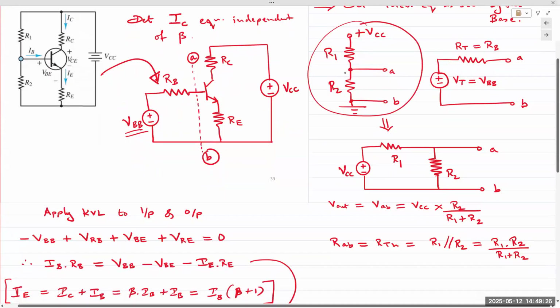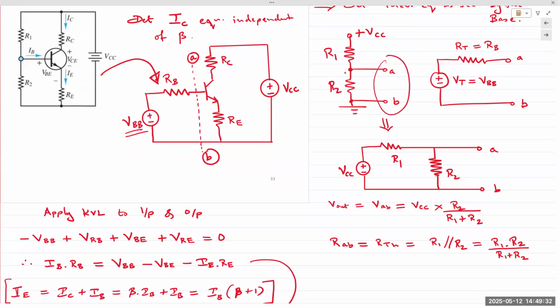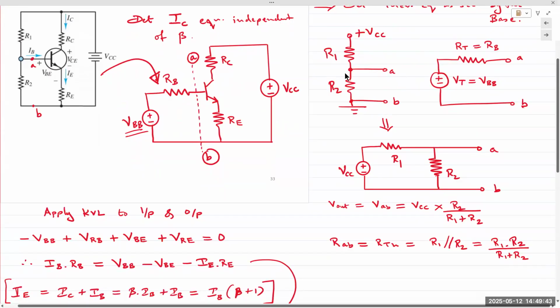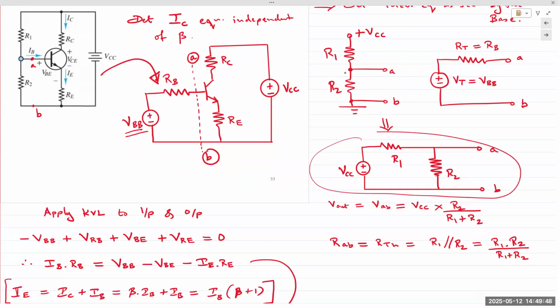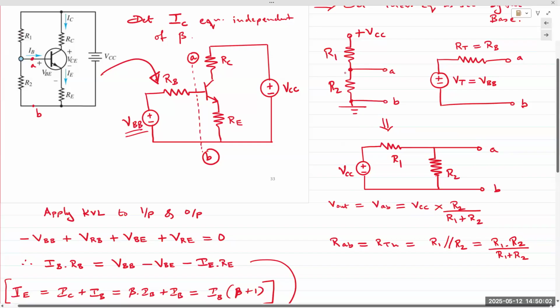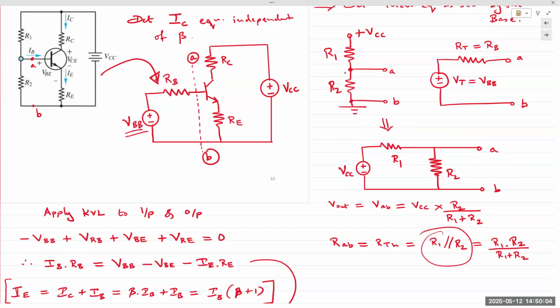You have the 2 resistors, you apply VCC between the 2 resistors, and you're taking the output between the terminals A and B. B, A, this would be B. Okay. So you want to calculate Thevenin voltage and Thevenin resistance. V out can be calculated directly by applying the voltage divider equation. So it's a fraction of VCC, which is VCC times R2 over R1 plus R2. And then the total Thevenin resistance is simply R1 in parallel with R2.